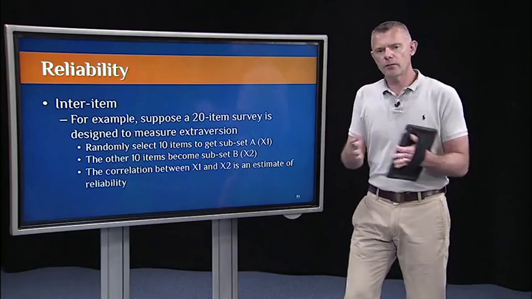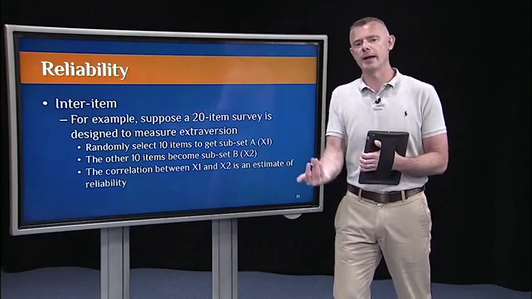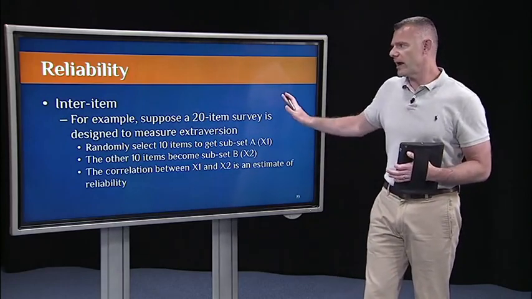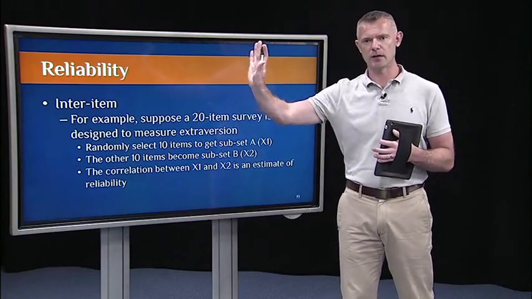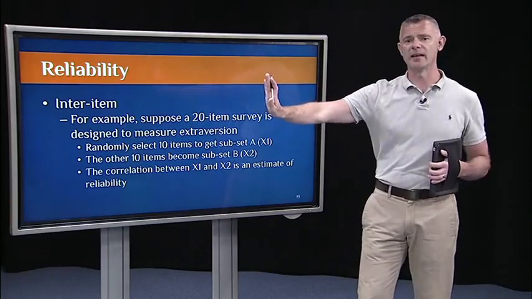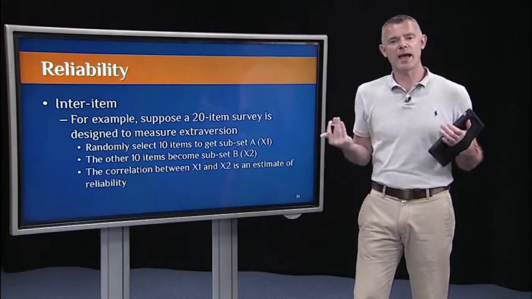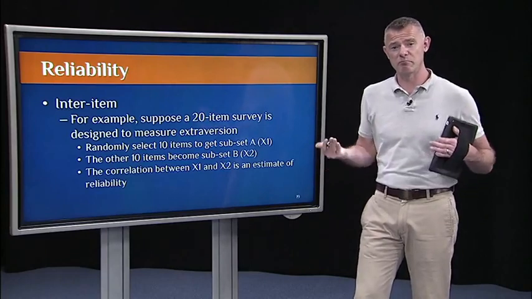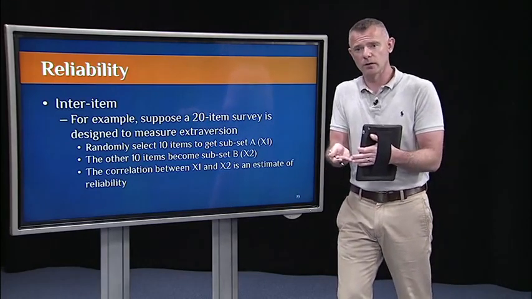And what we can do is look for correlations among those items that purportedly measure the same trait. To estimate reliability, we can just take half of the items that are designed to get at extraversion and call that subset A, and then take the other half and call that subset B. Now we have two assessments of extraversion built into one overall survey.